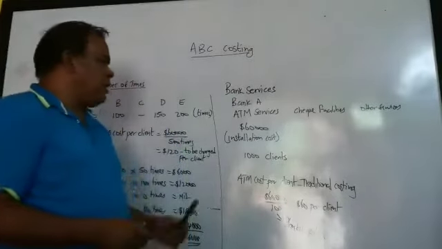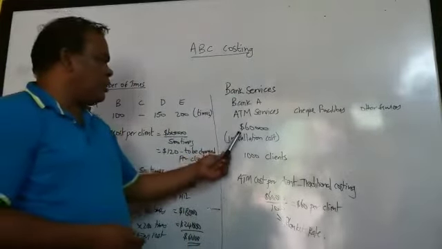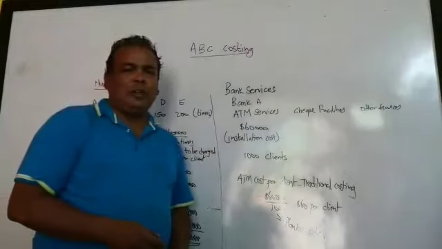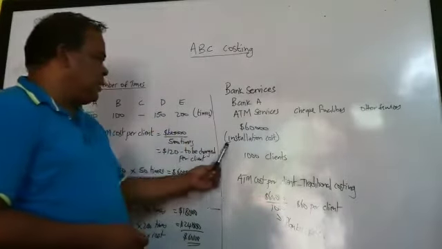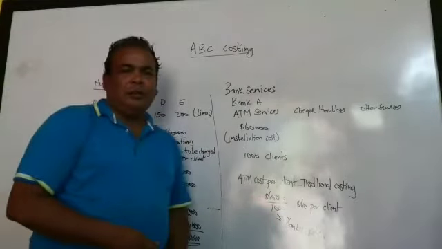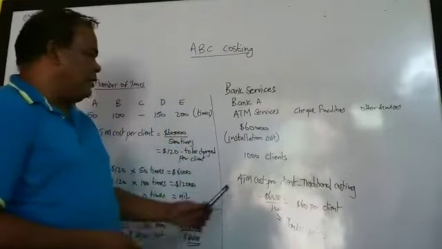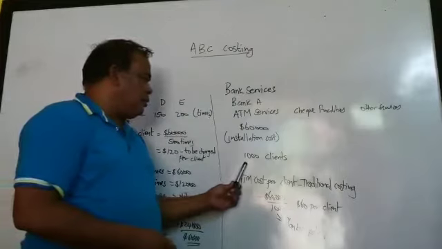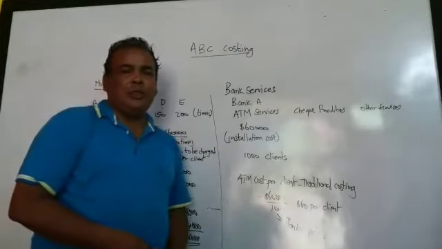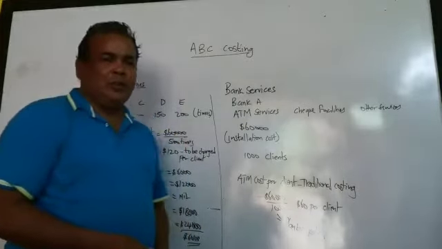To install the ATM, it costs money. It costs $60,000 installation cost to install the ATM services. Assume there are 1,000 clients for the bank.